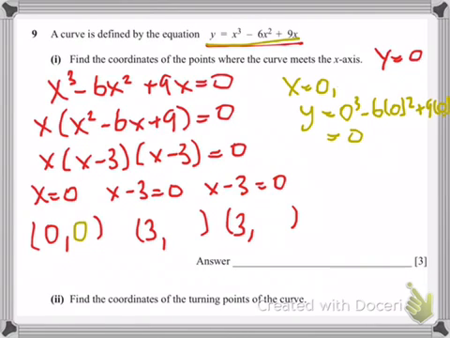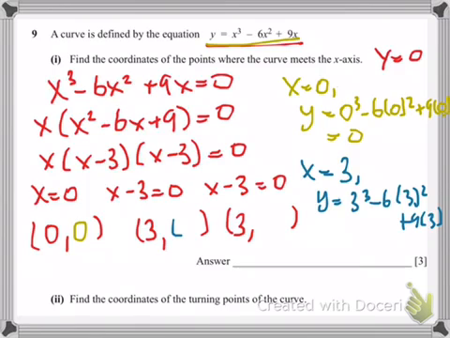So we've got 0, 0 as our first coordinate, and then again, when x is equal to 3, y is equal to 3 cubed minus 6 times 3 squared plus 9 times 3, which is 0 as well. And an easy way to look at that is, if it crosses the x-axis, y has to be 0. So there are your 2 points, and that's a repeated point.